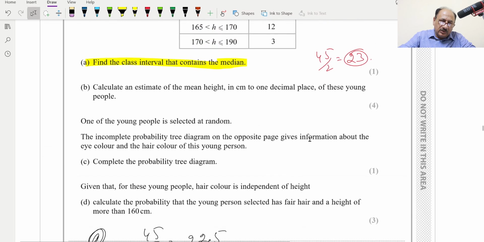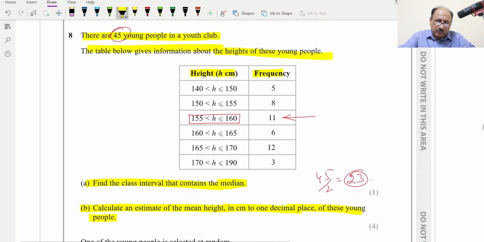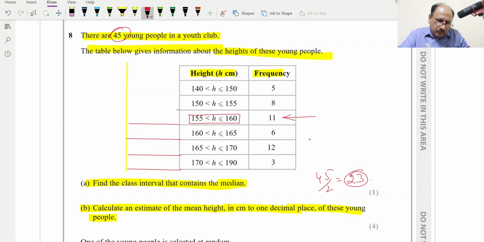Now for part B, it is saying calculate an estimate of the mean height in centimeters to one decimal place of these young people. So we have to calculate the mean. For calculation of the mean, we will be adding a midpoint column. We have to calculate the mid of the range.